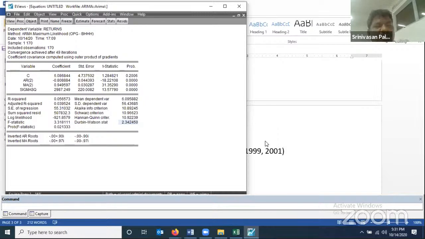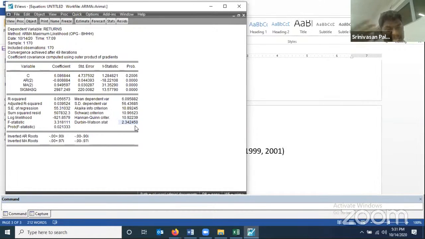When you are estimating, you have to check whether the statistic is around 2, because the last important condition of the ARIMA model is that the residual of the estimated model should be white noise. So with 2.34, this model has a little problem.